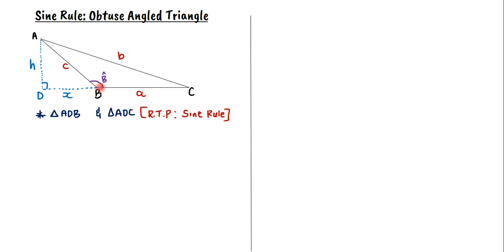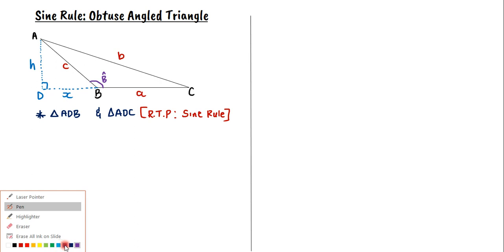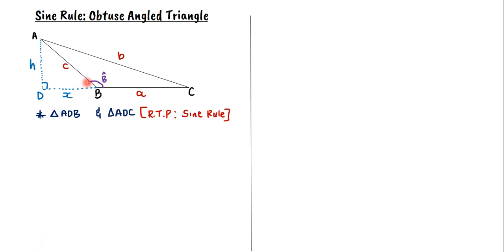So if this is angle B, then this one surely is going to be 180 minus angle B, because the sum of angles on a straight line is 180.